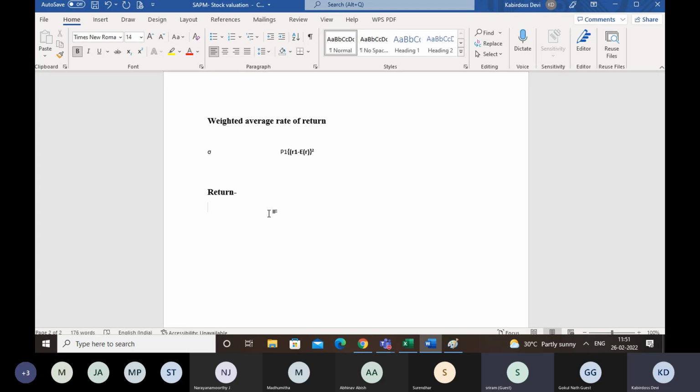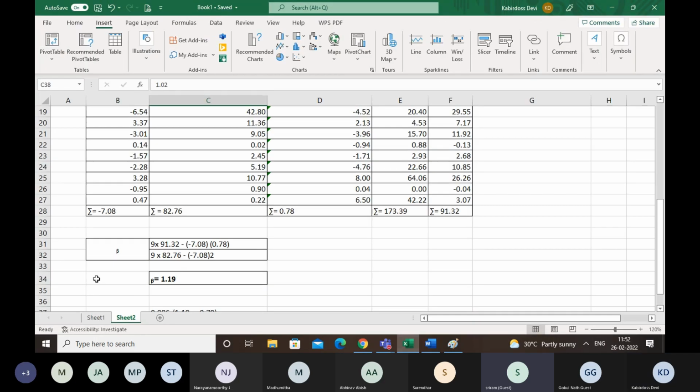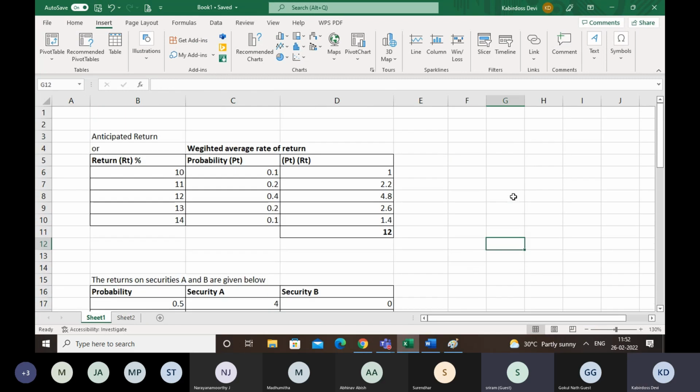And there is one more sum I taught you, anticipated return, where the return is multiplied with the probability. If you remember this sum, this is the anticipated return I taught you. So every return comes with a probability: there is 10% probability that you would get return 10, and 20% probability that you would get 11, and 40% probability that you would get 12.